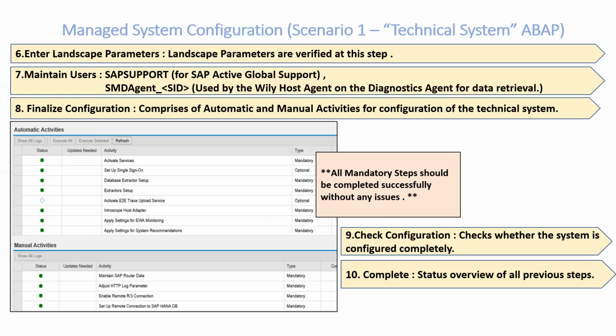All mandatory manual activities should be completed based on the documentation provided for each step. Once these steps have been completed, we can check configuration at the next step and then complete the managed system configuration.